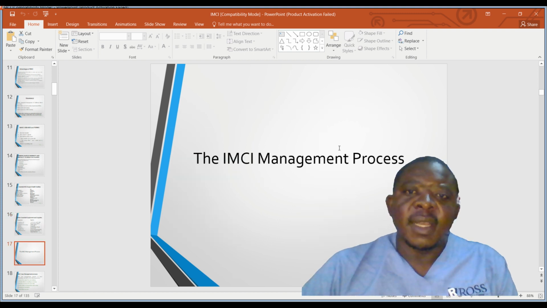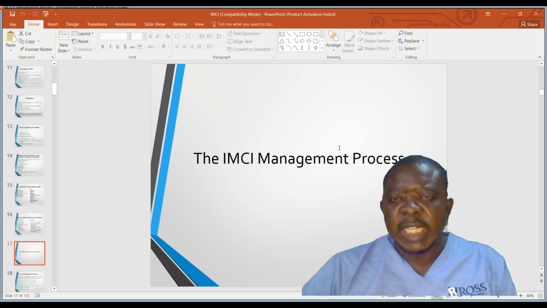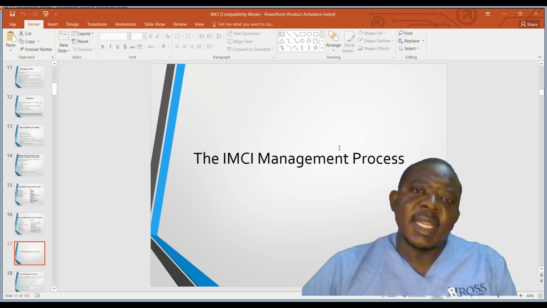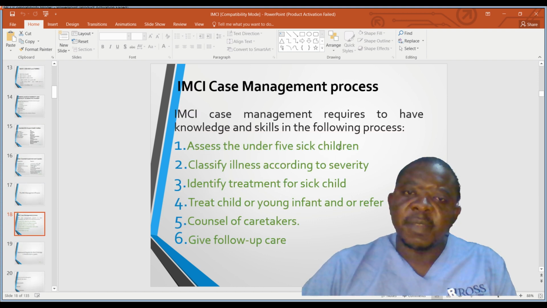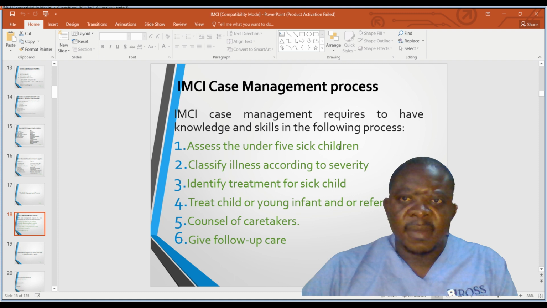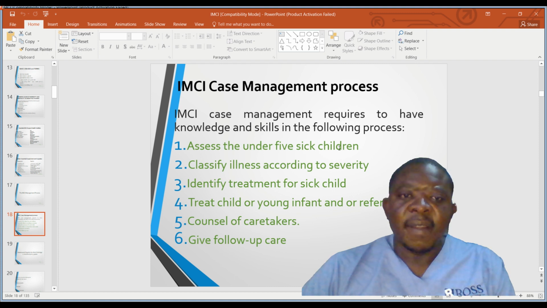The IMCI management process. When looking at the IMCI management process, we are looking at the step-by-step steps involved in IMCI. The IMCI process includes 6 steps, and it requires knowledge and skills in the following. 1, assessment.